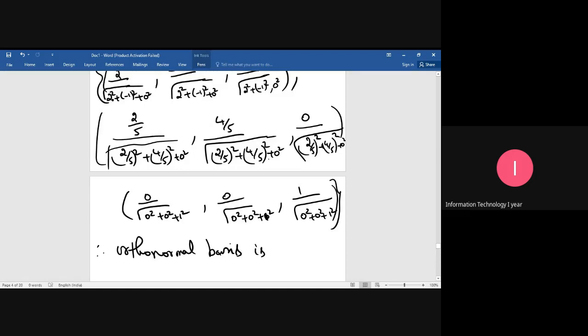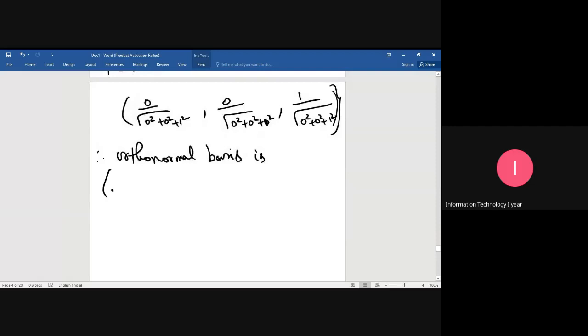Therefore, the orthonormal basis is: 2 divided by square root of 4 plus 1, so square root of 5, right? So the first one answer is 2 divided by square root of 5 comma minus 1 by root 5 comma 0.